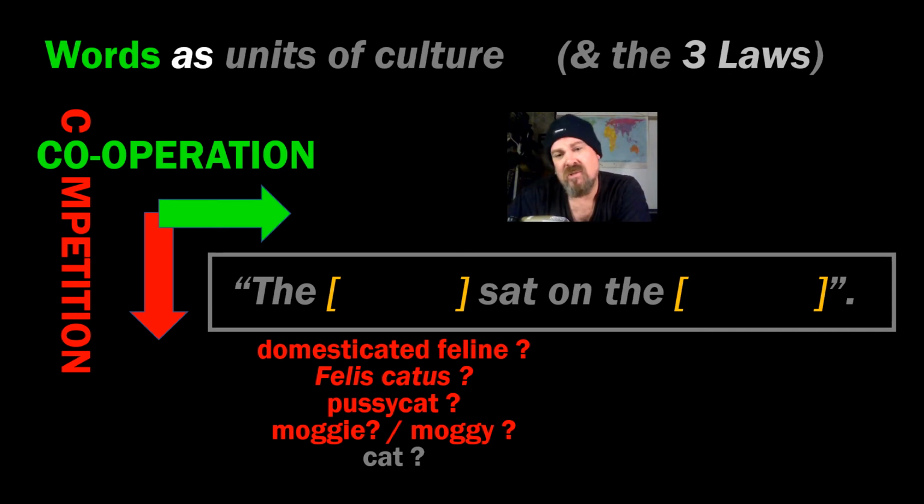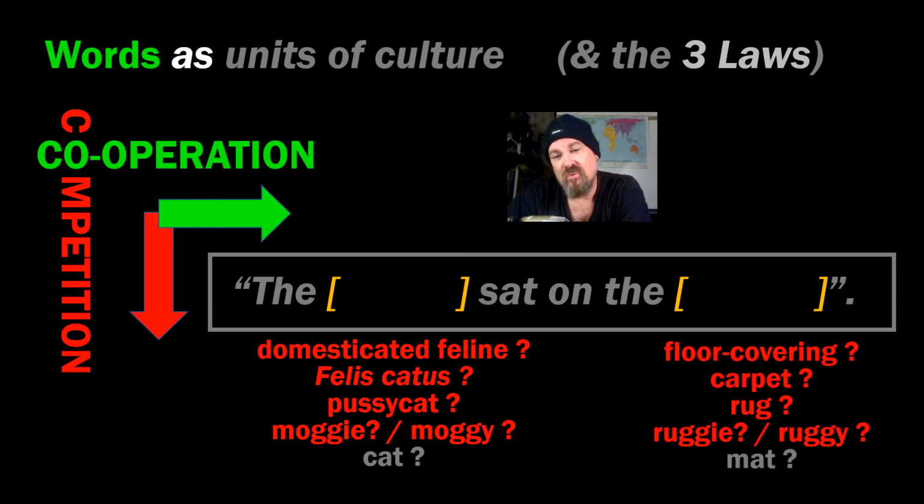And the other empty slot in that sentence, we could put a word in there, or a portmanteau word even: floor covering, carpet, rug, a ruggy, depending, or mat. So let's say this sentence is intended for a children's book, perhaps Dr. Seuss or something. Maybe it'll be that, that is the way the competition sort of falls out. But of course, you could use those alternate synonyms there.